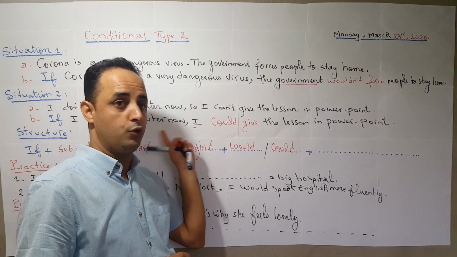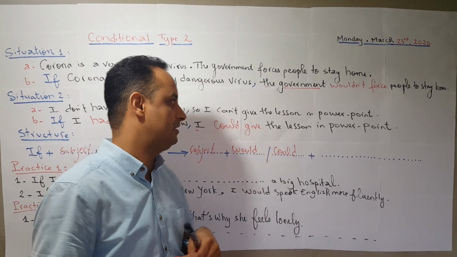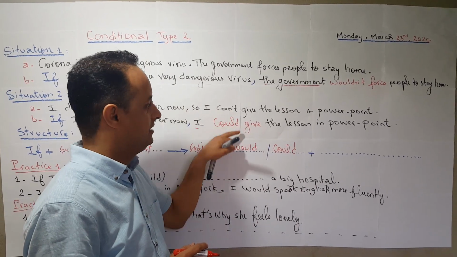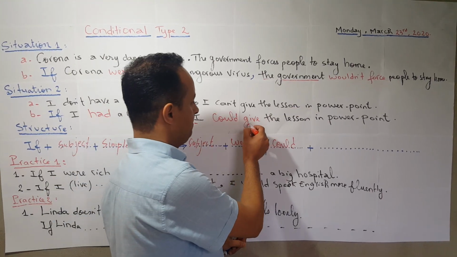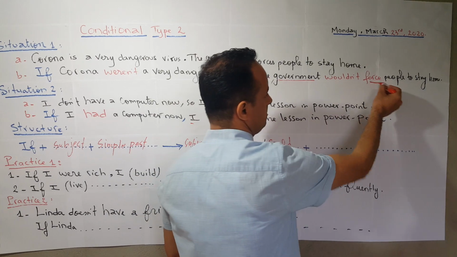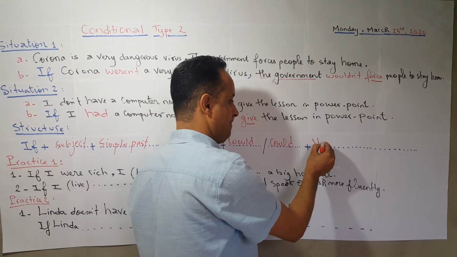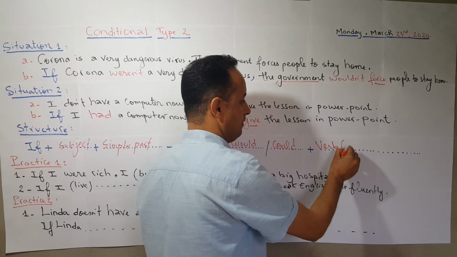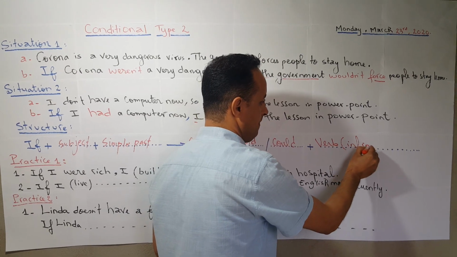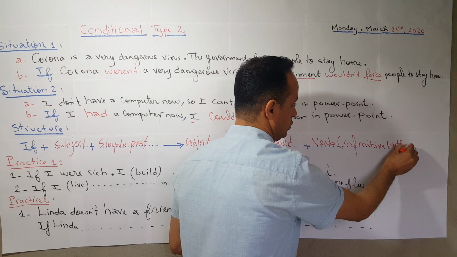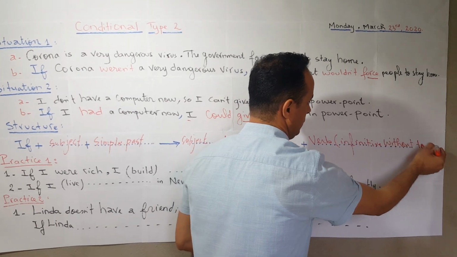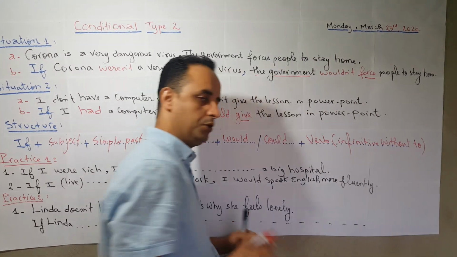If I had the computer, I could give the lesson in PowerPoint. So negative should be affirmative, either would or could. And then after comes the verb in the infinitive form, of course, without to, because there are two forms of the infinitive, either with to or without to.